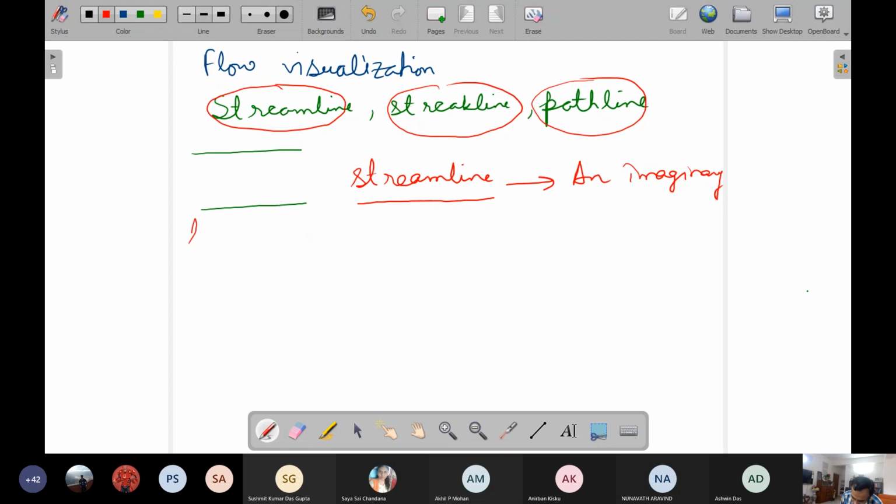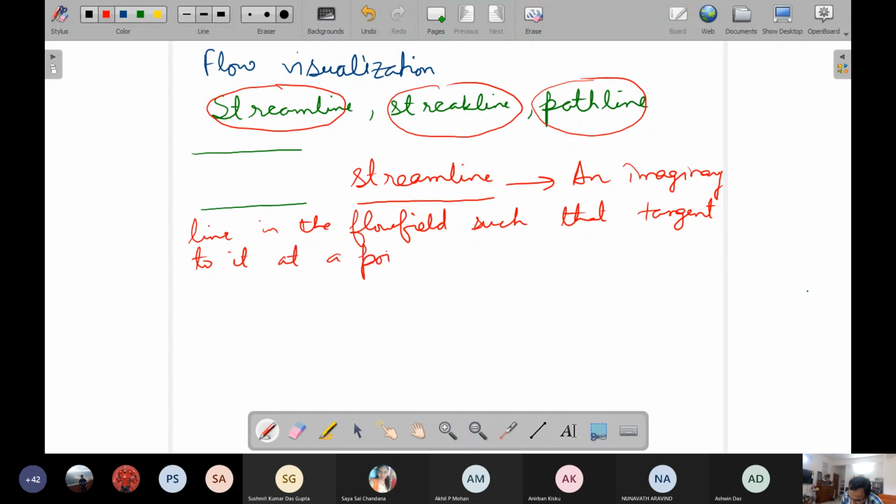Only an imaginary line in the flow field such that tangent to it at a point represents the velocity vector at that point at the specific instant of time.